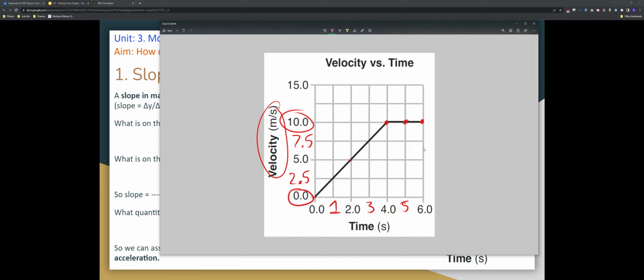So based on this graph, what can you tell me about this object from 0 to 4 seconds? You can clearly tell from your y-axis that your velocity increases as you go from 0 to 4 seconds, which means you do have an acceleration here. You are accelerating at a certain pace.